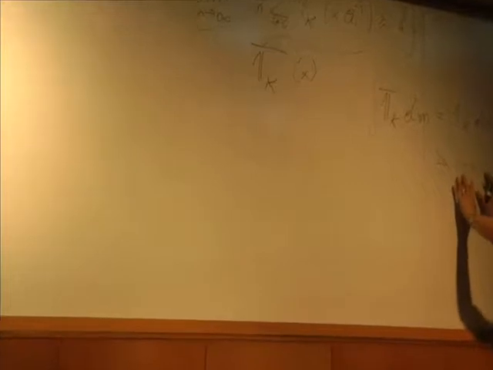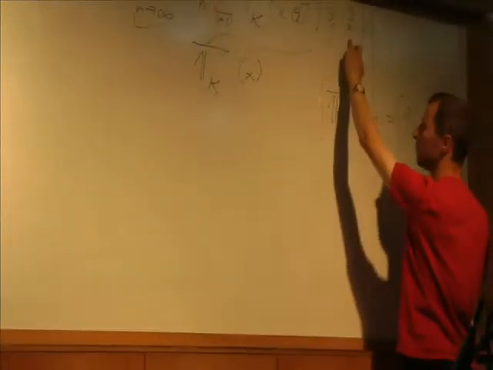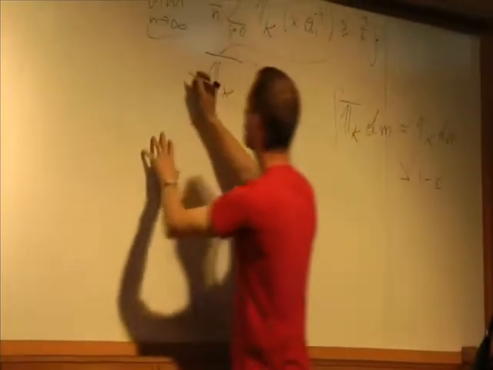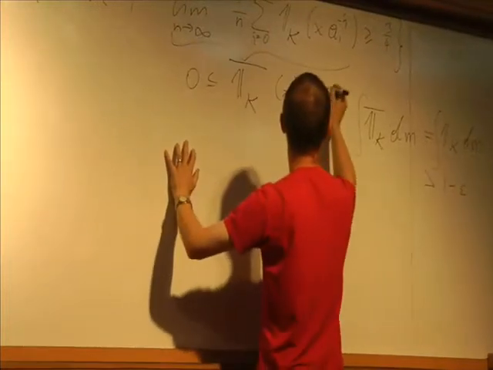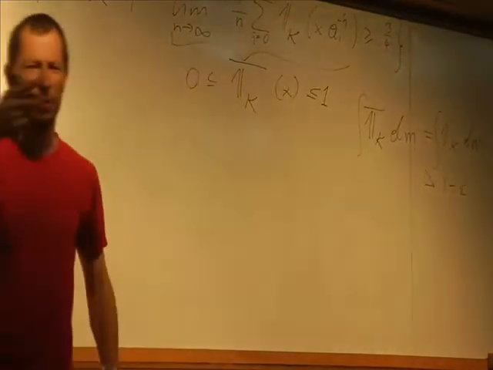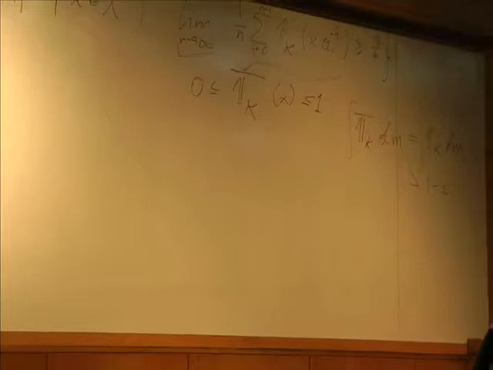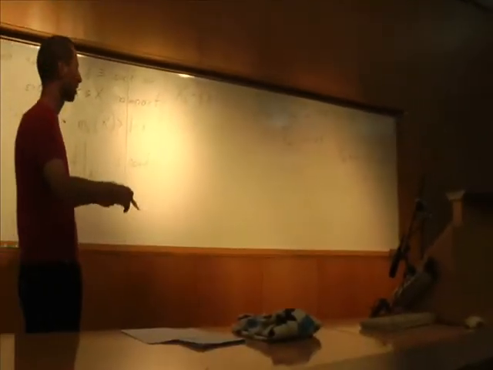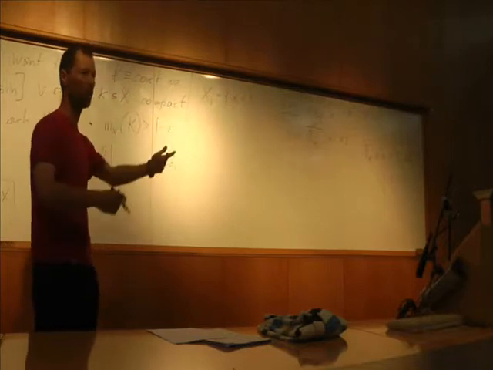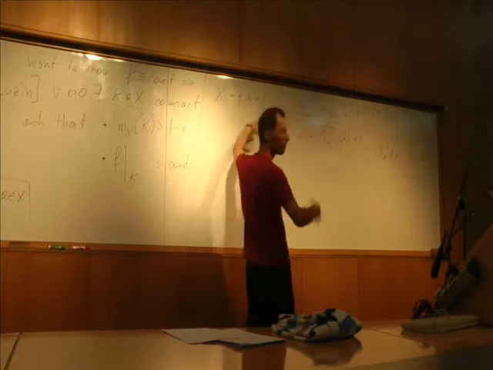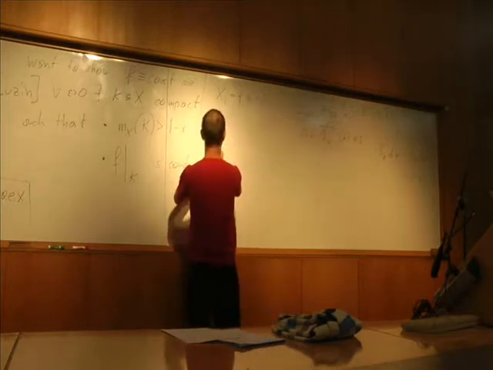If you know that, and clearly this function is between 0 and 1, you just use what's called the Chebyshev inequality. It's the trivial inequality: if you integrate over a set, and you know that on the set your function is quite big, or quite small actually, because you have to do it for the complement, you get an inequality out of it. You have to do it for the complement of the set, but who cares?